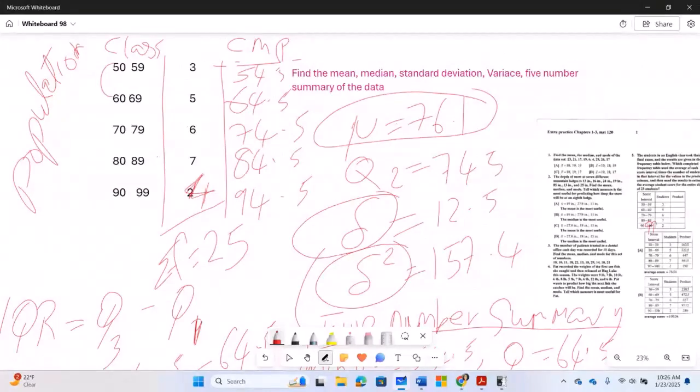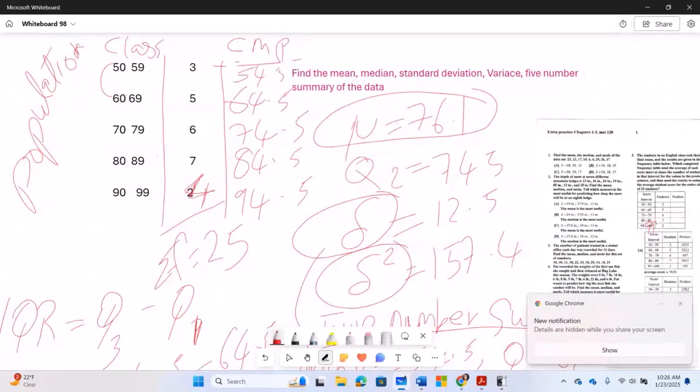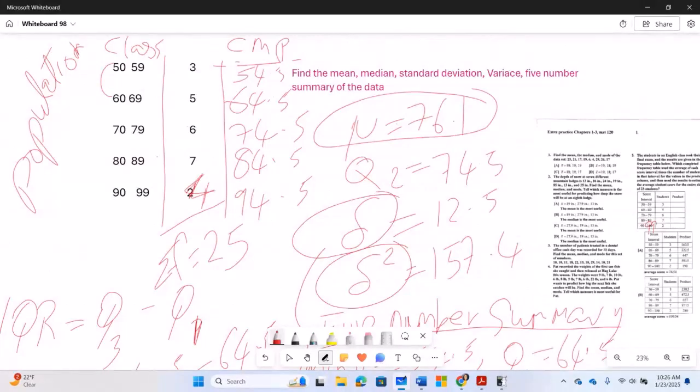All right, I'm now going to go to the sample practice test and answer the question there on grouped data. At the end of the day, you should be able to answer questions on grouped data.